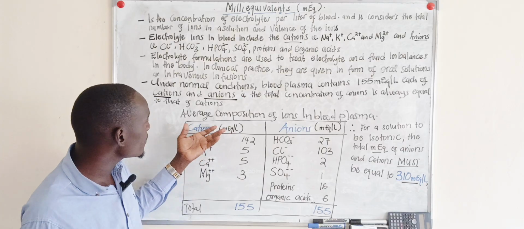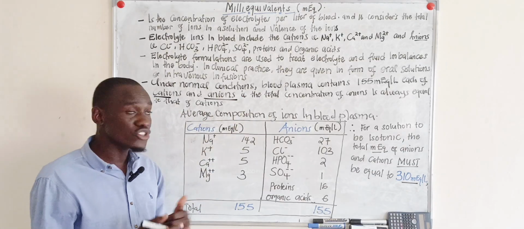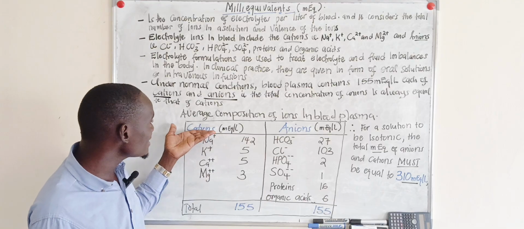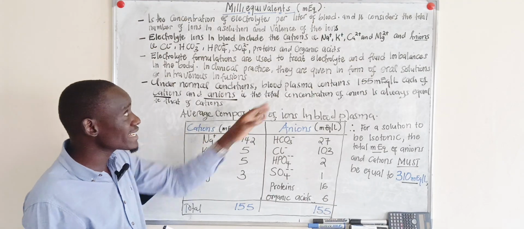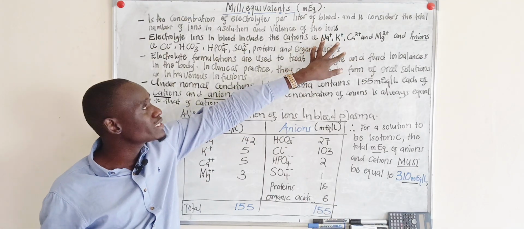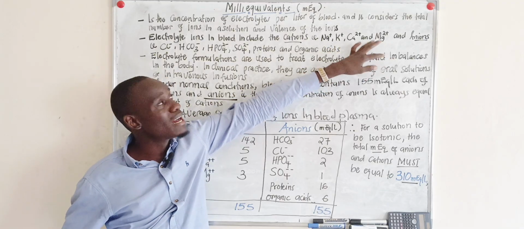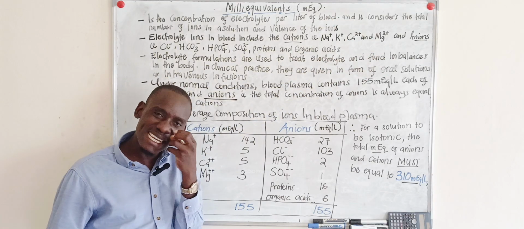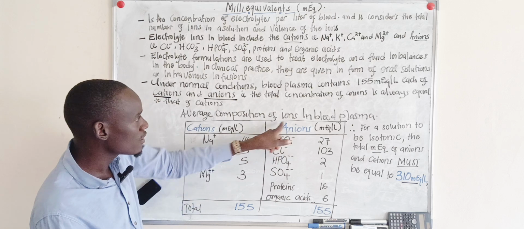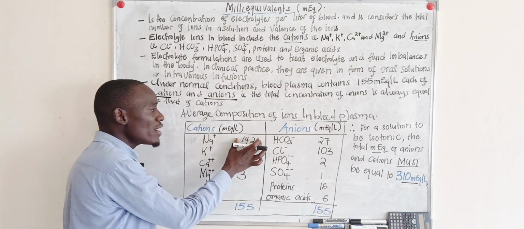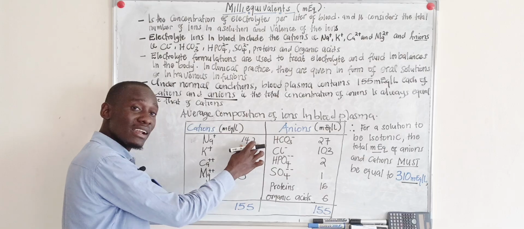For example, we can look at the average composition of ions in our blood plasma. You realize that we have cations: the sodium, the potassium, the calcium, and magnesium. All of these have a certain concentration of milliequivalents. For sodium ions, we have 144 milliequivalents per liter.